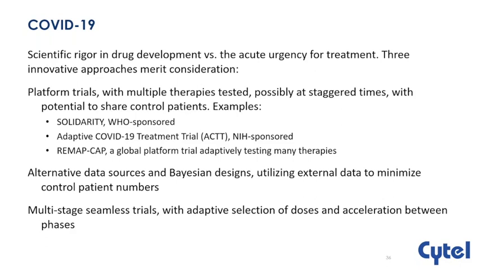Solidarity, the WHO-sponsored trial, already started with 4 different treatments, and it also has the ability to add additional treatments as they become available or they are of interest to WHO. REMAP-CAP was actually an already existing global trial on community-acquired pneumonia, and it was open to adding new indications in a platform way. So, needless to say, COVID is already enrolling there in large numbers.